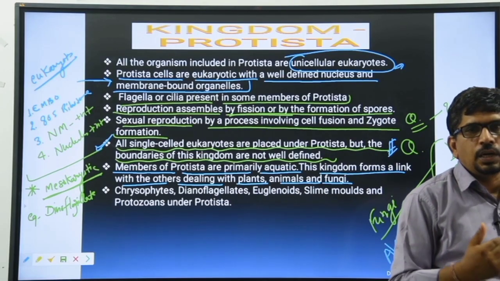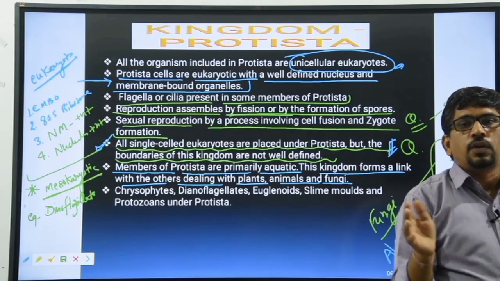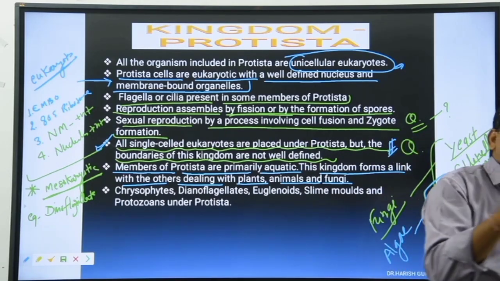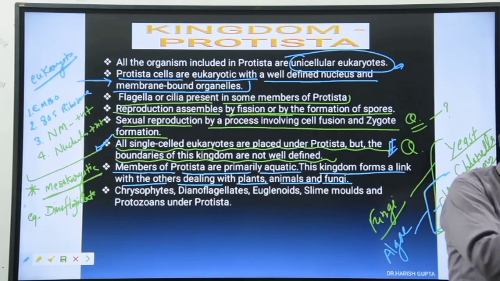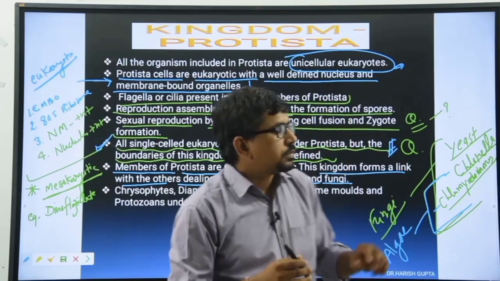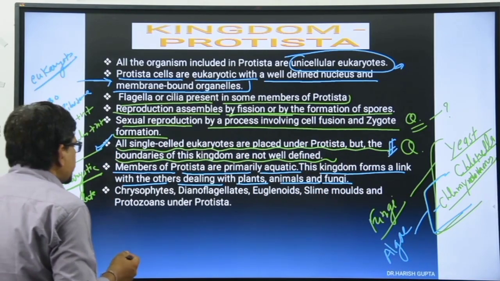Haeckel ने propose किया था. So due to the presence of this kingdom, all the unicellular from the plantae, from animalia, from fungi, these are included and they are separated from these classes and make this new kingdom known as the Protista.